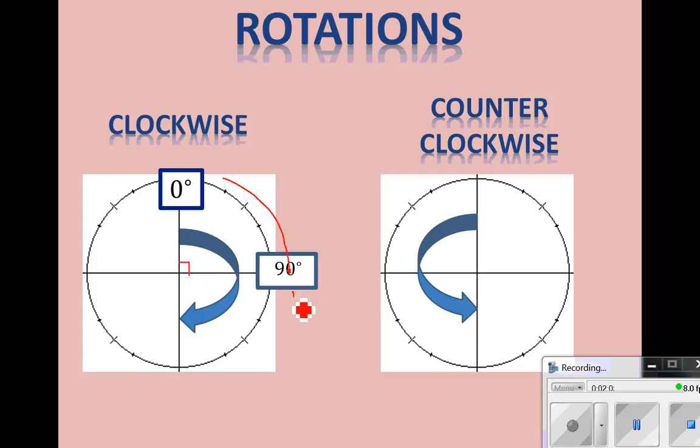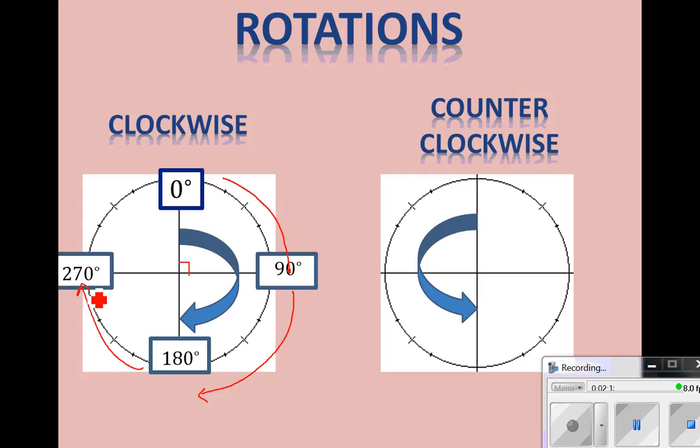If you continue and go 2 quadrants, you've gone 180 degrees. If you go 3, you've gone 270 degrees. And then you can go 4, all the way around to make a complete circle, and that would be 360 degrees.